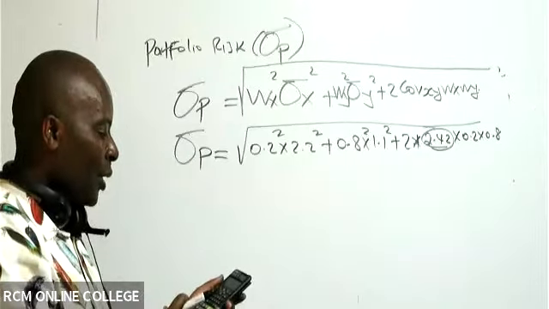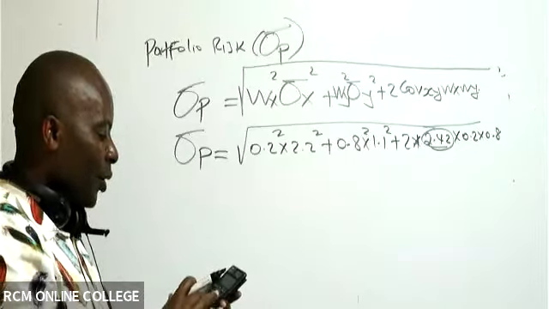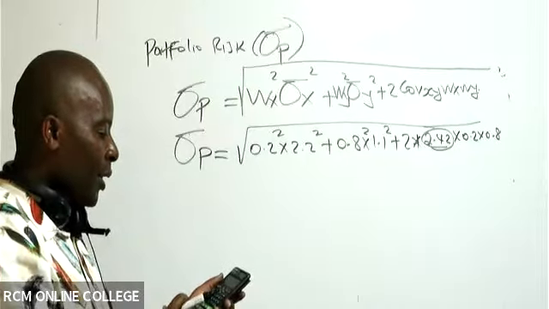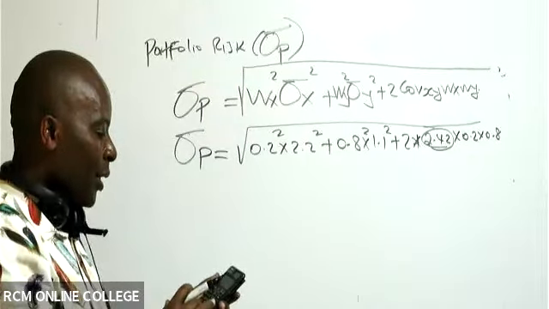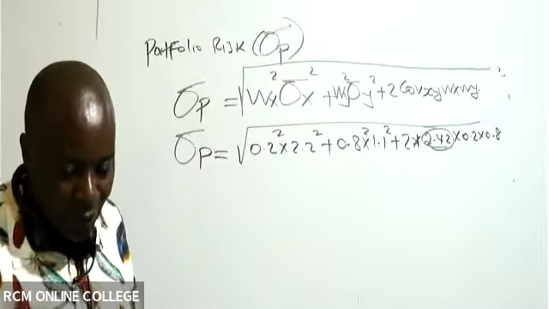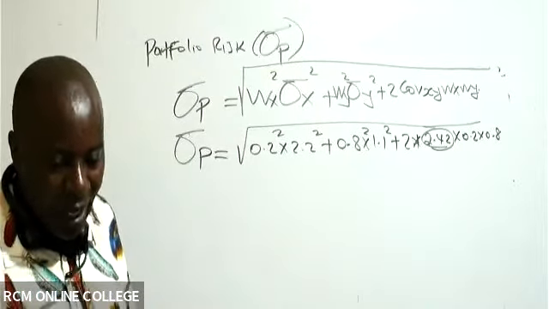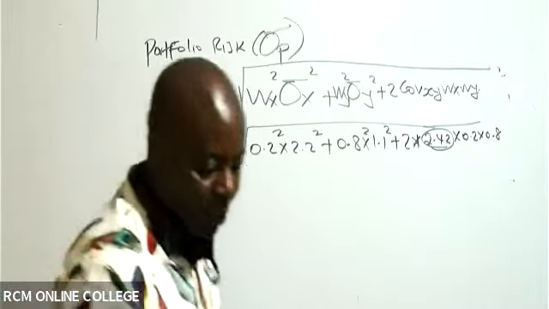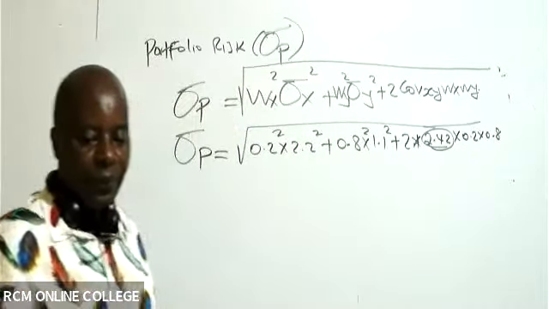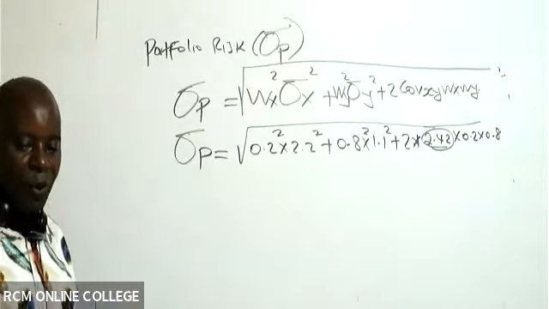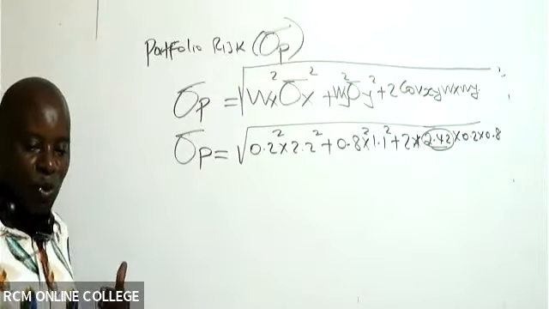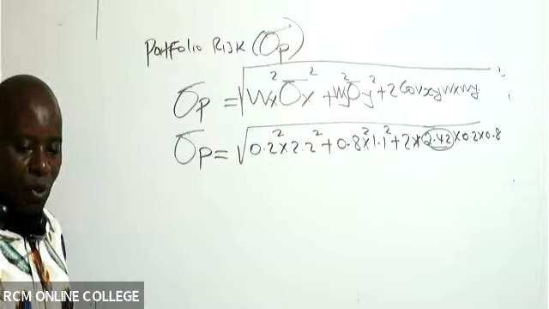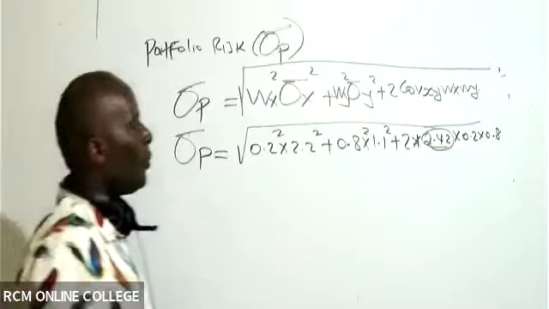You say equals. Whatever answer you get, you say square root. Is there somebody who is able to get 1.32? I've gotten 1.32. Rose has gotten 1.32. Carol has gotten 1.32. Thank you so much.